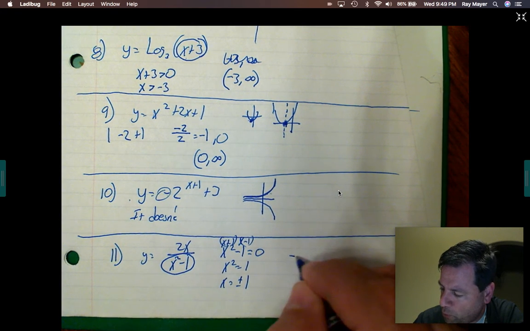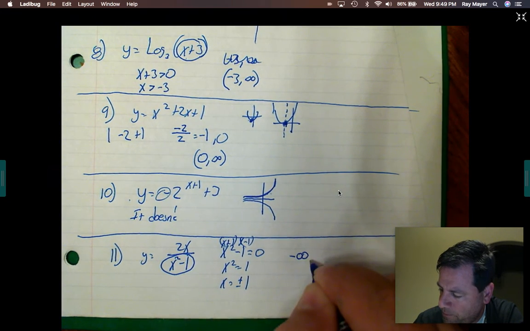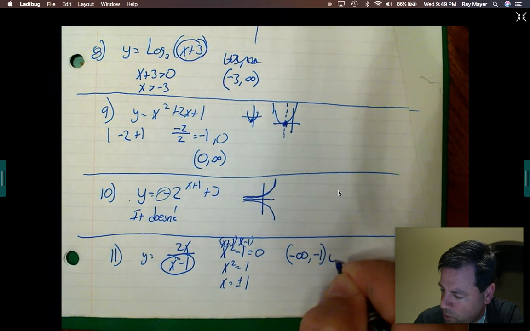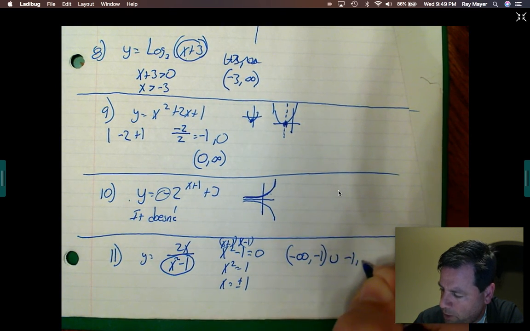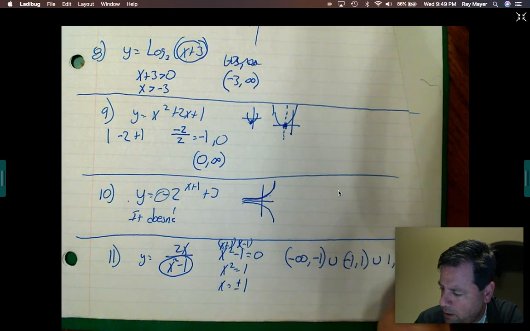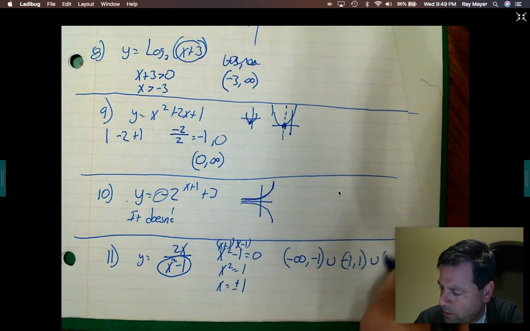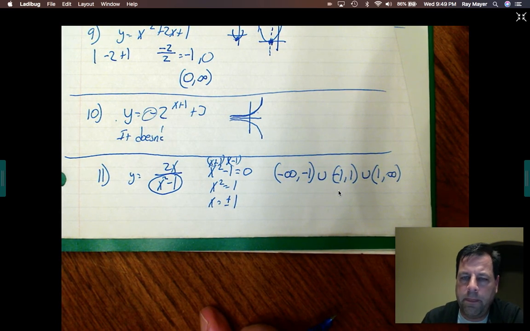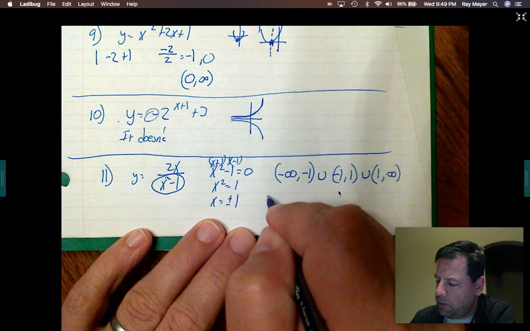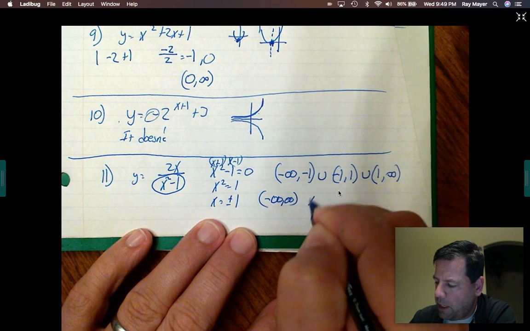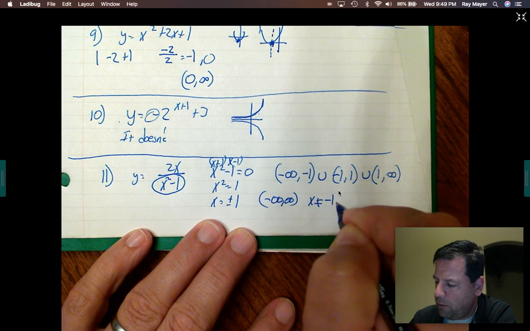So we're going to go from negative infinity to negative 1, union, negative 1 to 1, union, 1 to infinity. Whoop, that's covering me up. What we used to say is it goes from negative infinity to infinity, x cannot be negative 1 or 1.